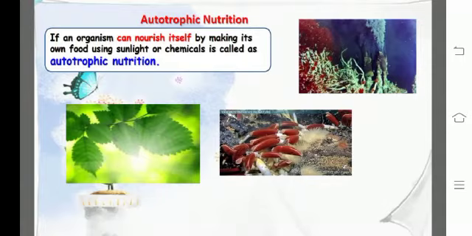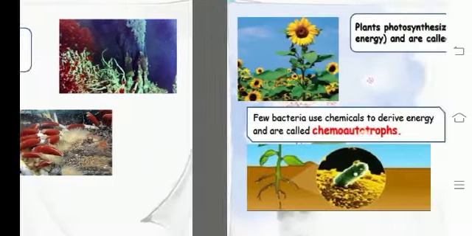If an organism can nourish itself by making its own food using sunlight or chemicals, it is called autotrophic nutrition.